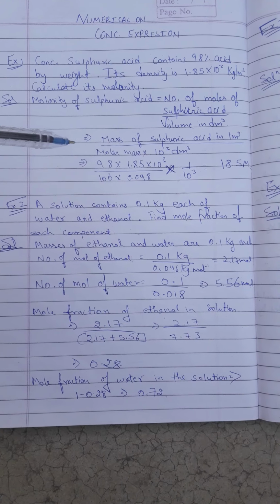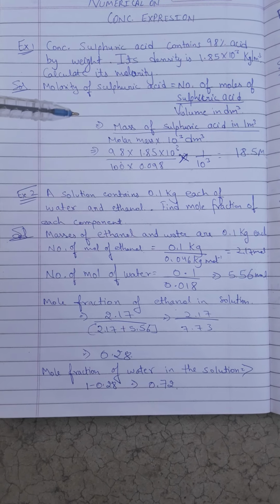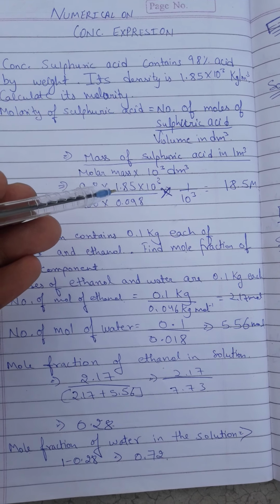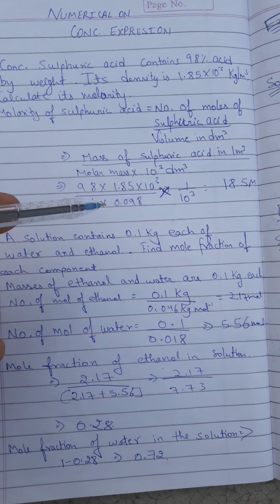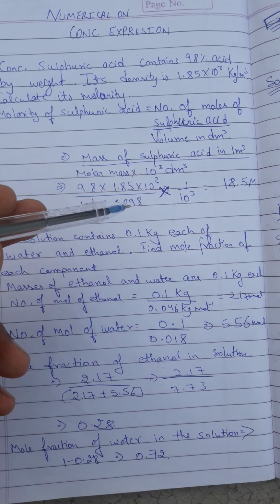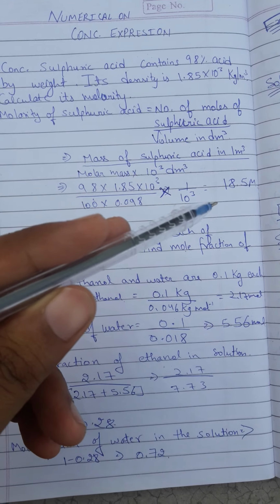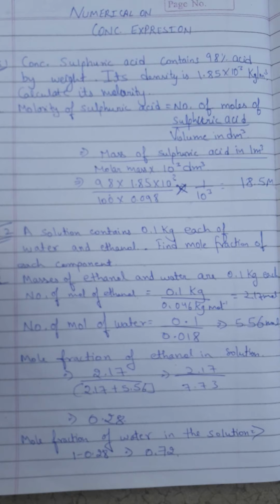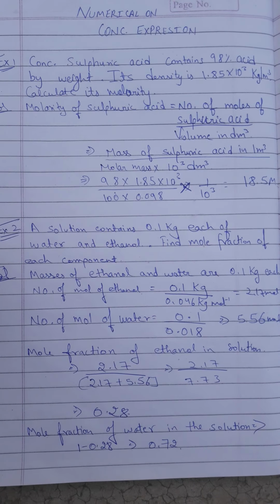So it is 9.8 into 1.85 into 10 exponent 3 upon 100 multiply 0.098 into 1 upon 10 exponent 3, which is equal to 18.5 capital M. So it's the molarity.